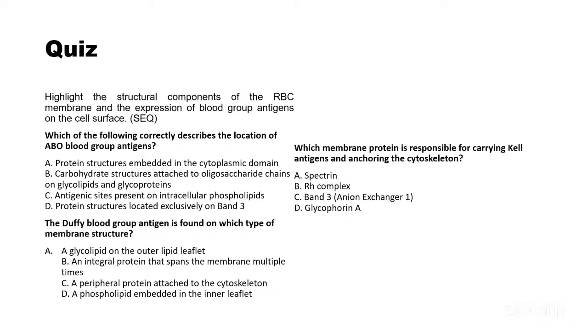The first question says to highlight the structural component of the red blood cell membrane and the expression of blood group antigens. We'll be discussing that after we have gone through this, and maybe during our revision, we'll discuss what exactly we are supposed to say for this particular question. I think that's the end of that topic for BGS. Let's move to the last.